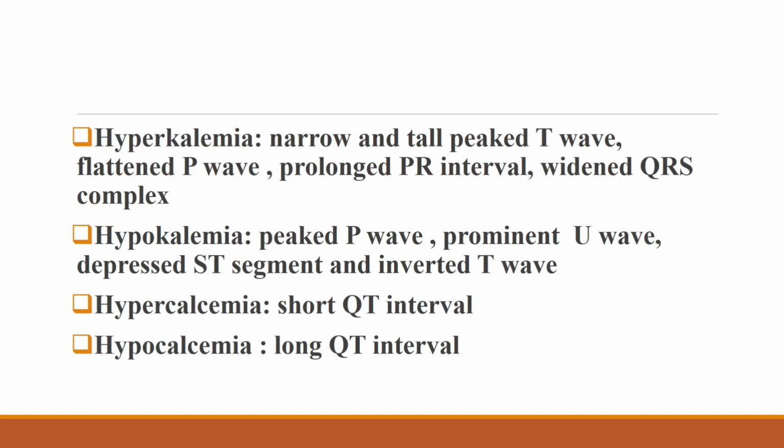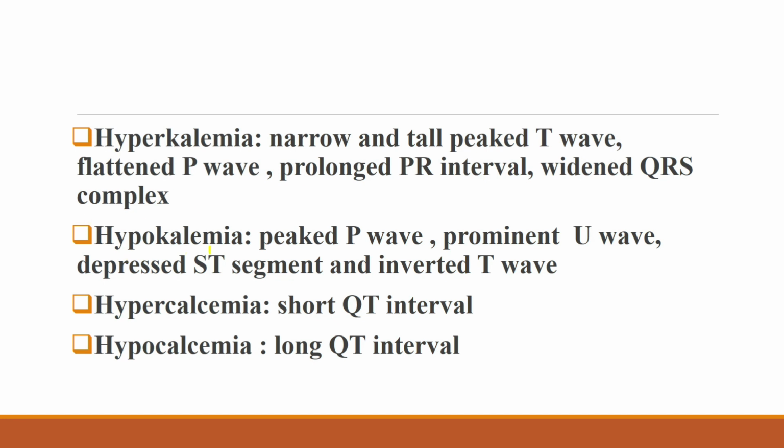We can see some ECG findings in some disease conditions. First one, hyperkalemia. The ECG waves in hyperkalemia will be narrow and tall peaked T wave, flat P wave, prolonged PR interval, widened QRS complex.